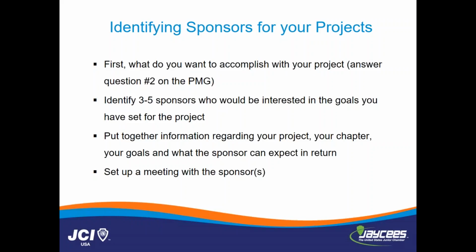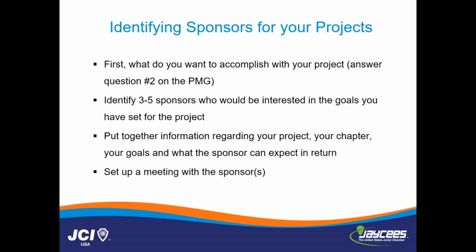And then from there, have your committee identify 3 to 5 sponsors who would be interested in the goals you have set for the project. These could be businesses in your community, stakeholders in your community, maybe past members who own their own company, just any kind of sponsors that you know are interested in the goals that you've set for this specific project.